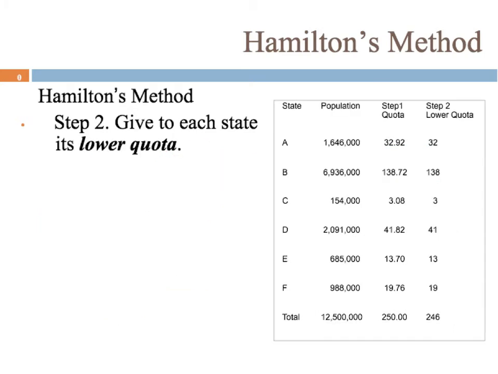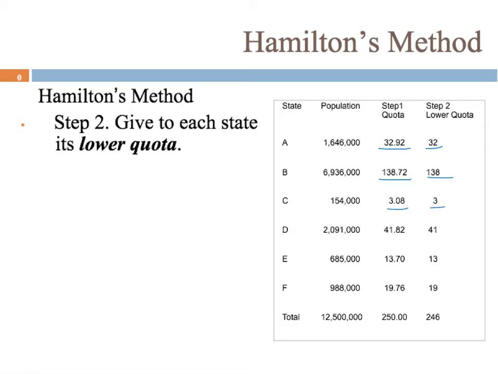All right, step 2. Now that we have that exact quota, we're going to take each state's exact quota and bring the number down. So we're going to round down no matter what the decimal value is. So notice that 32.92, if you were doing traditional rounding, that would round up to 33. But this is Hamilton's method, and we're rounding everything down, so that becomes 32. 138.72, again, would round up usually, but we're just going to round down to 138. 3.08 rounds down to 3.